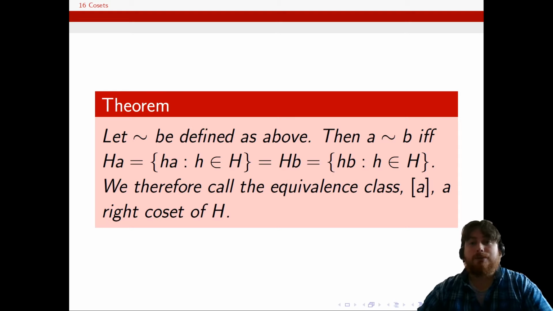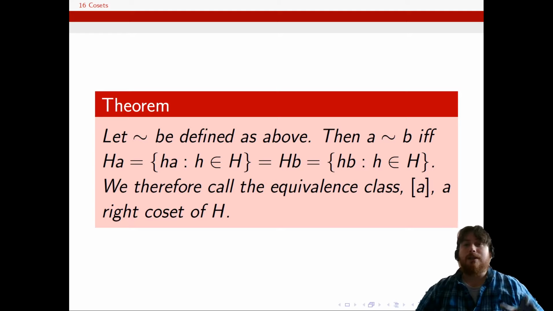So the equivalence classes of A we're going to call right cosets of H, because we take H and multiply on the right by an element, and that's what we call a right coset. So this set is a right coset, and HB is a right coset, and then we're going to say that A is related to B by that previous relation if the cosets are equal.